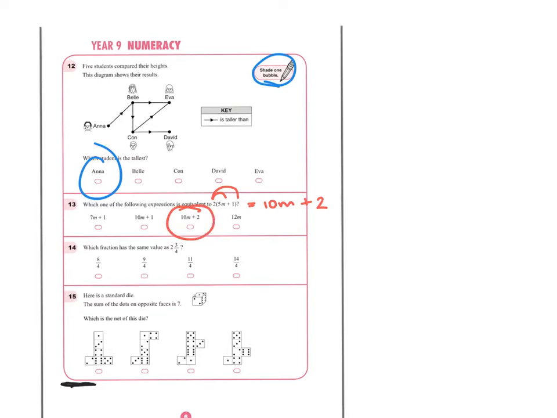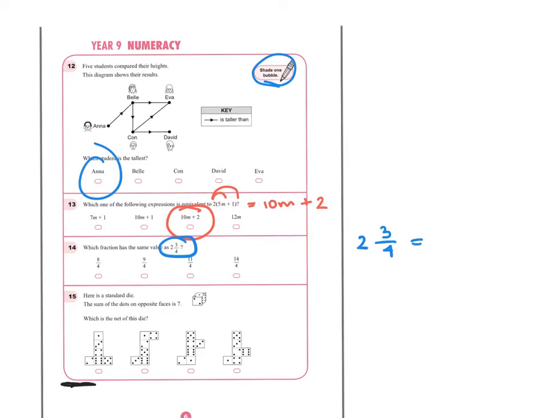Question 14. Which fraction has the same value as 3 over 4? So what we have here is a fraction called a mixed number, 2 whole and 3 fourths.